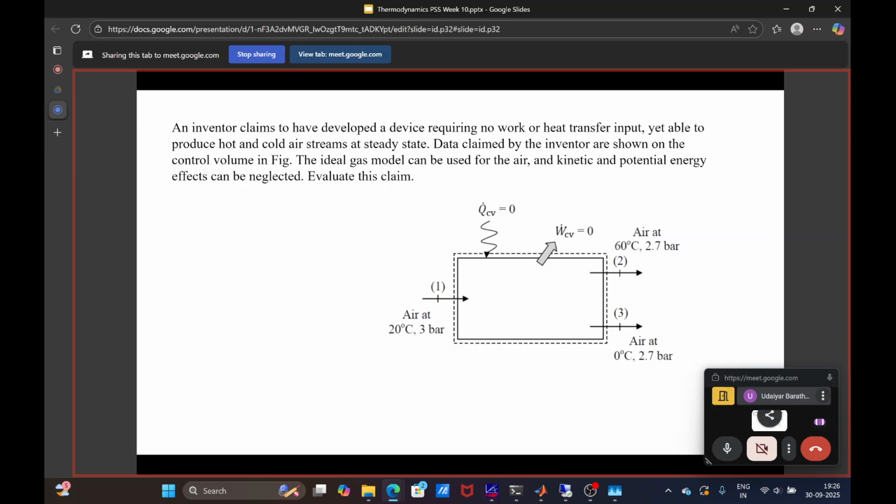The innermost stream will have one velocity, and the outermost stream will get heated up because of centrifugal force and so on. What you get is a hot stream and a cold stream. So this is similar to that. We are passing a high pressure stream, and because of the expansion, one stream is heating up and the other stream is getting cooled. This is possible, and this device is called a vortex tube.